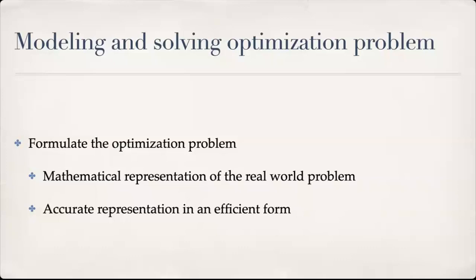Net present value. Okay. You have to write down the net present value of the process as a function of the decision variables, right? In a certain period of time, but because you use NPV, the element of time becomes significant, right?